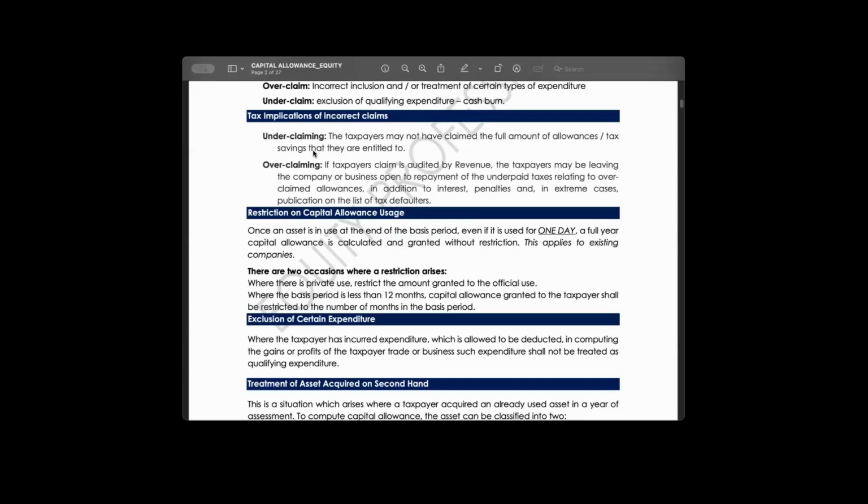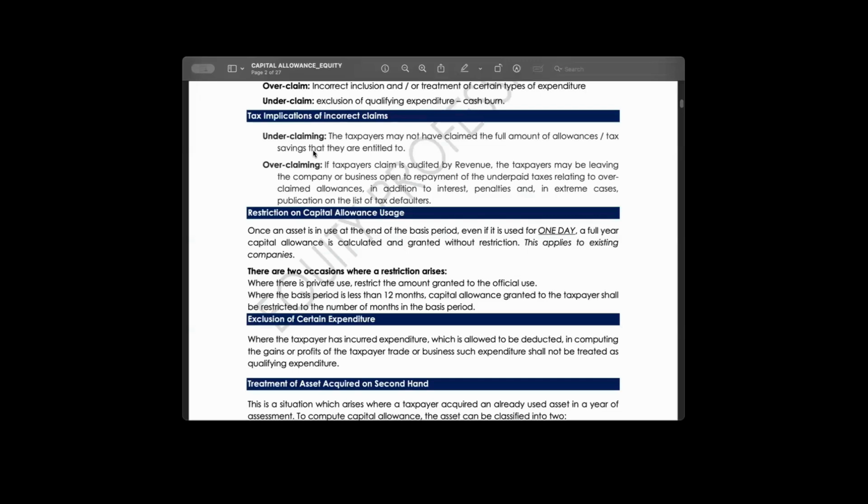What we are now saying directly is when an asset is acquired during commencement of trade, because I have taught you that basis period during commencement of trade might not be up to 12 months, since some companies might decide to start in the middle of the year. So in calculating capital allowance, by the time you use your basis period rule, which says from the date of commencement to the end of the accounting year, they might only have maybe 3 months in that year.